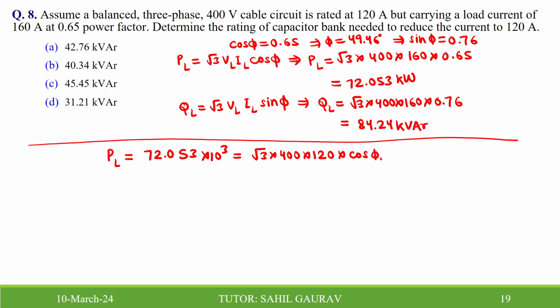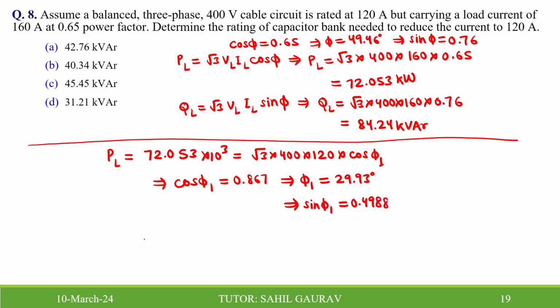The new power factor we can represent as cos phi 1. So we will get cos phi 1 as 0.867, and from there you will get phi 1 as 29.93 degree. So sin phi 1 is 0.4988.